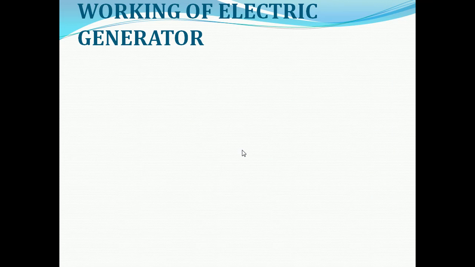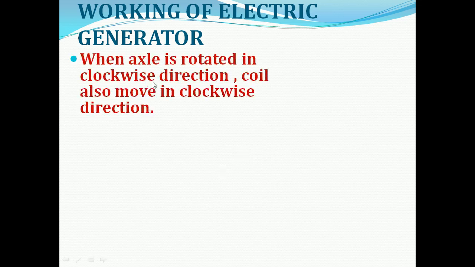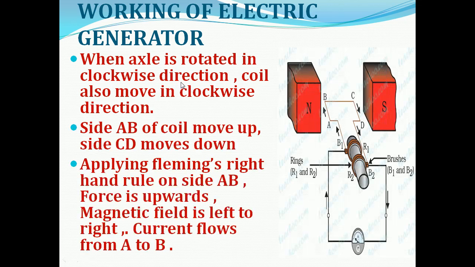Now we can see how the AC generator will work. Working of an AC electric generator. When the axle is rotated in the clockwise direction, the coil also moves in the clockwise direction.